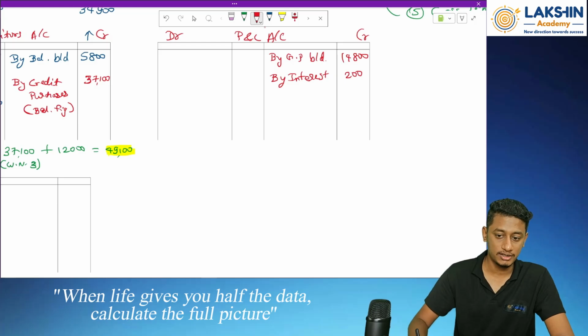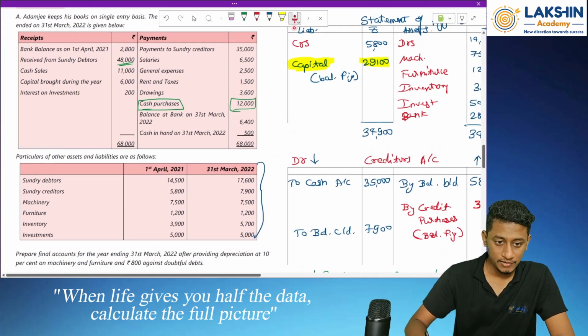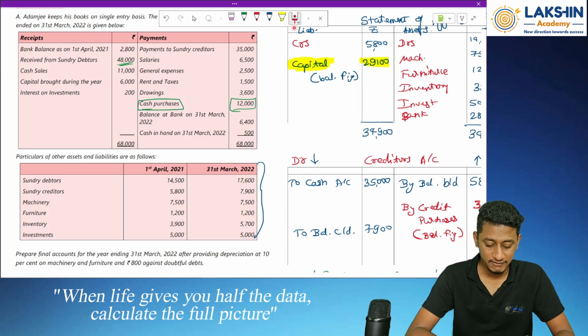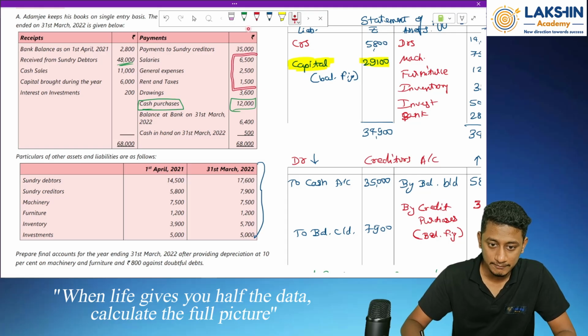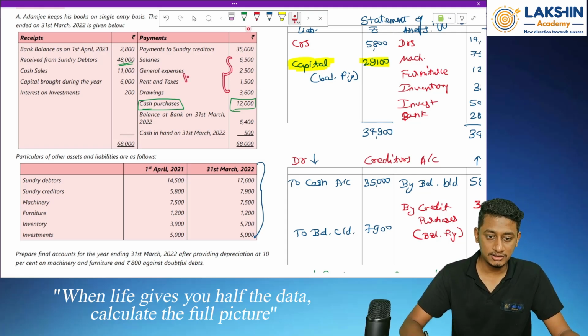Okay, then going ahead. Expenses, what is given to us? They are given payment of salary, general expenses, rates and taxes, right? So I will just club all this for the sake of understanding. 6,500 plus 2,500 plus 1,500. I clubbed all these three. That would be 10,500.